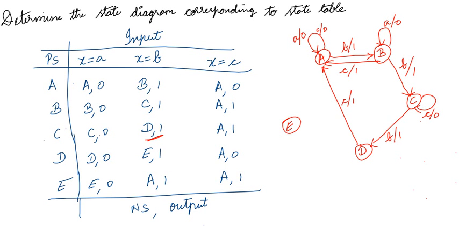When the input is a, we go to the same state D with the output 0. Now when the input is b, we go to the state E. From D, we go to the state E. When the input is b, output is 1. Similarly, when the input is c, we go to the state A with the output 0.